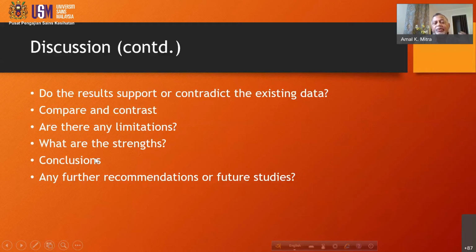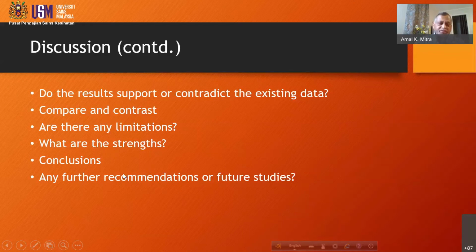So your references are mostly in the introduction section and discussion section. Some references are there in the method section. So mostly introduction, some in the method, and mostly in the discussion section. No new references in the conclusions. In the conclusion here, you can add a sentence, one sentence or two, about future recommendations or future studies.